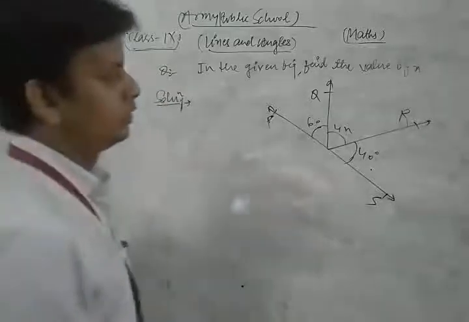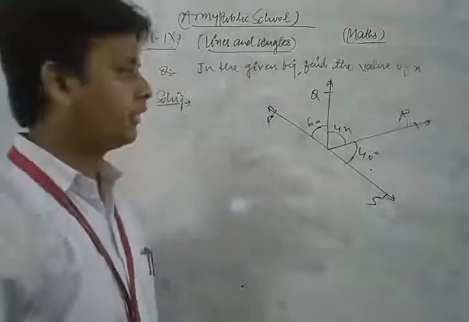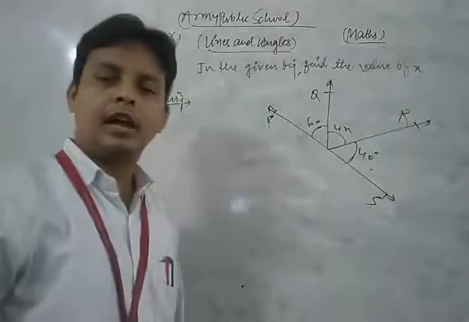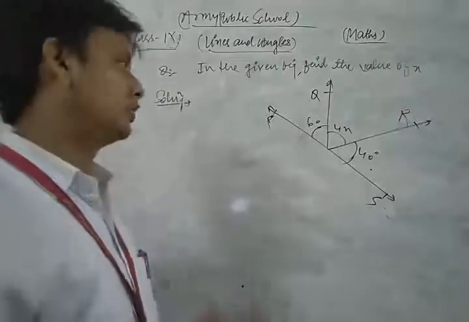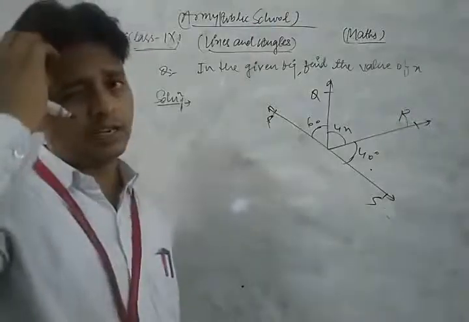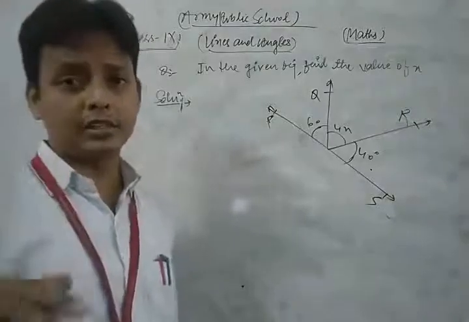Based on that question, we find the value of x. Since you know the concept of linear pair, the sum of all angles on the straight line is equal to 180 degrees.